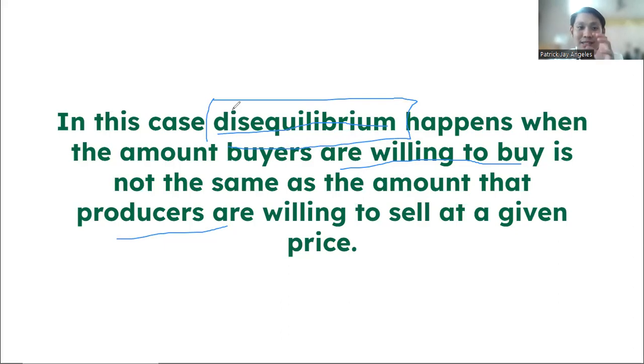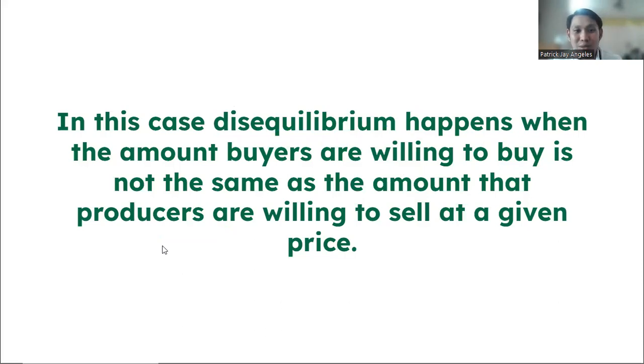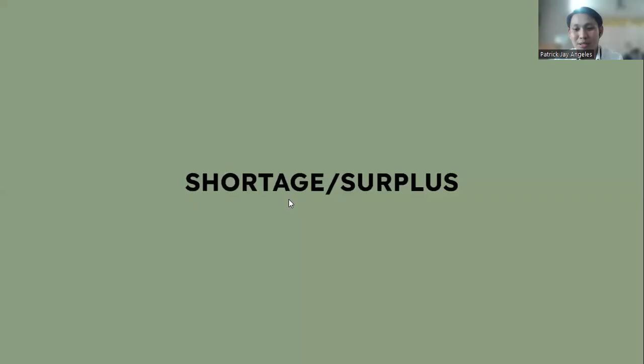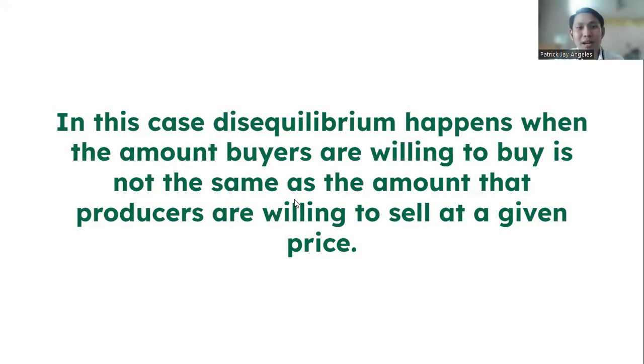Okay? And if there is this equilibrium, then what do you have to do? What should the market do in order for us to solve these problems? What we have to basically do is face the problems when it comes to shortage and surplus. Because kung titingnan nyo, pag nagkaroon ng disequilibrium, it's either I'll not just buy it or I'll not sell it anymore. I'll just keep it.